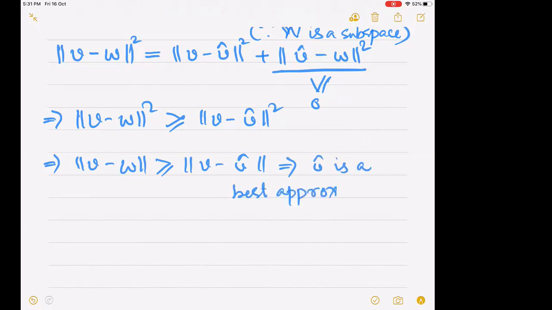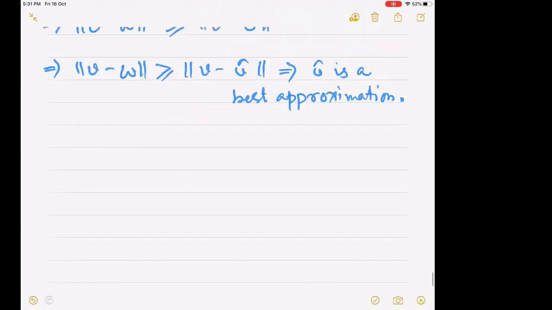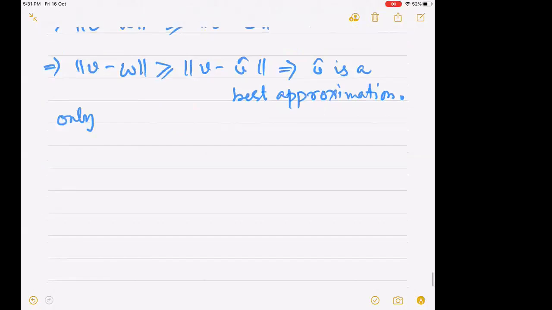Yeah, so the if direction is proved thus, we have to prove the only if direction. That is actually a little more involved than this one, so you have to pay much more attention. So let's see what's happening here.